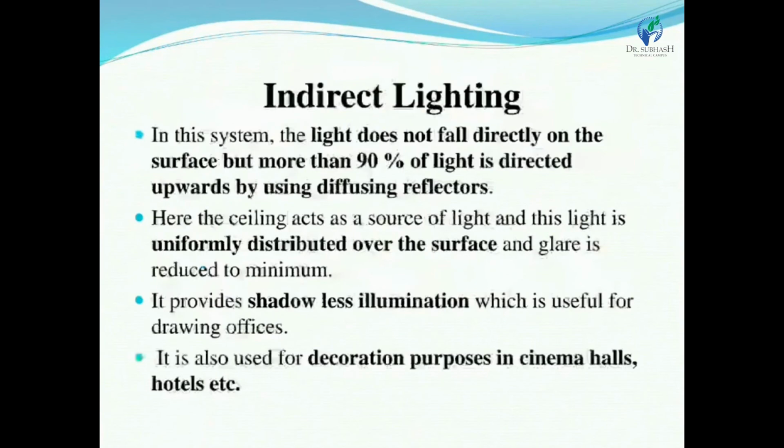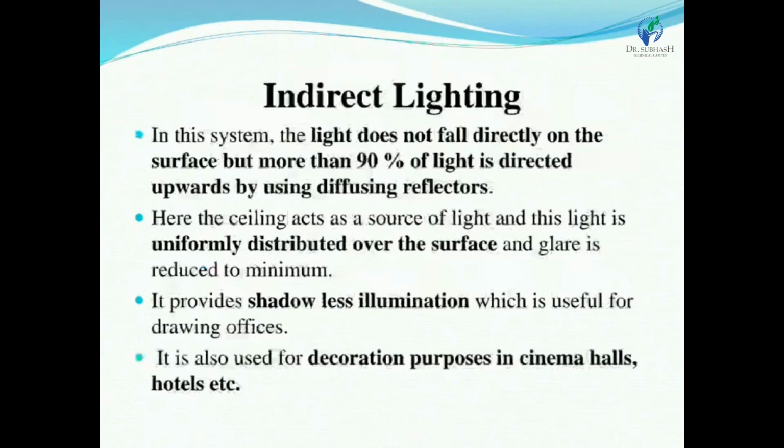Now, the indirect lighting scheme. In this system, the light does not fall directly on the surface. Unlike the direct lighting scheme, here 90% of the light is directed upward by using a diffusing reflector. Here the ceiling acts as a source of light, and this light is uniformly distributed over the surface and glare is reduced to a minimum.